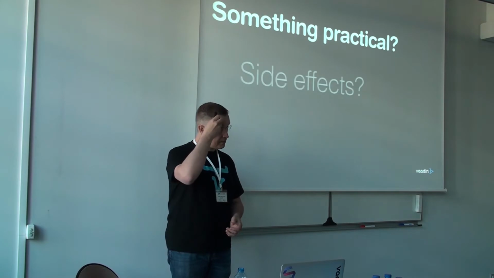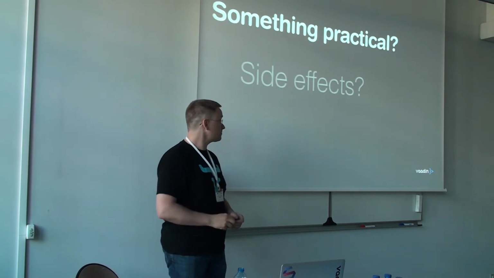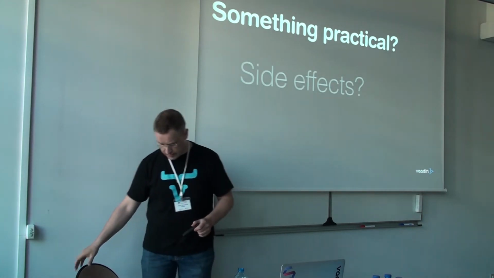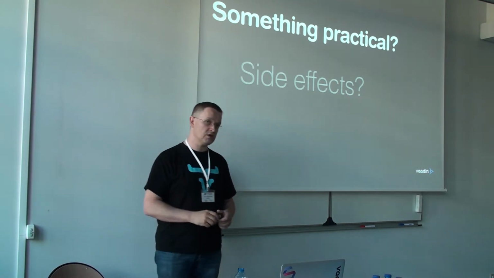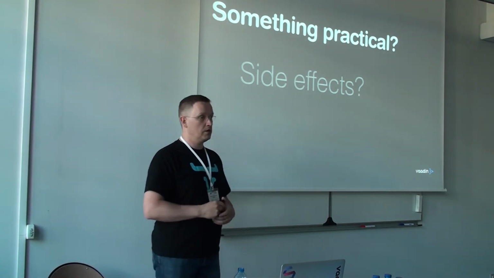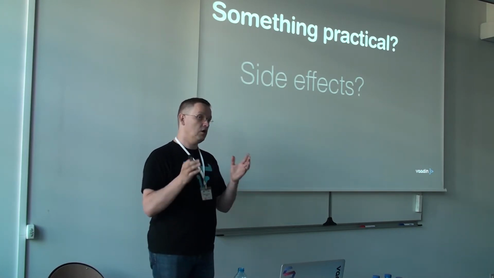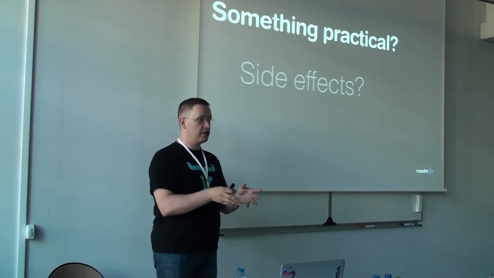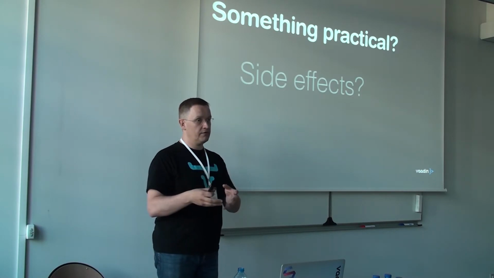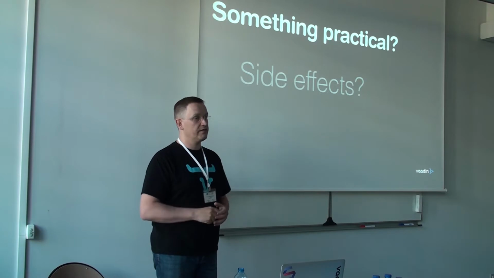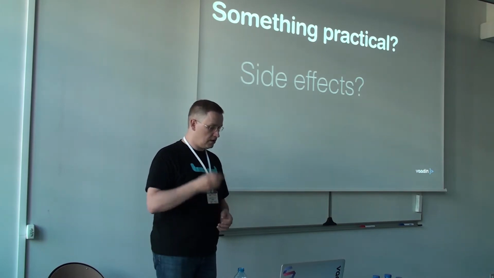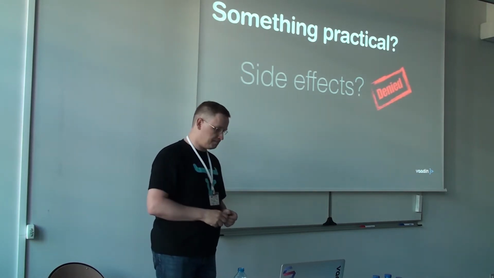So let's see if there's something practical about functional programming. The first thing I learned is that something called pure functions are really good. You should use them. A pure function basically means that it's a function that only deals in terms of the parameters and returns a return value based on those and doesn't do any side effects. So side effects are bad.